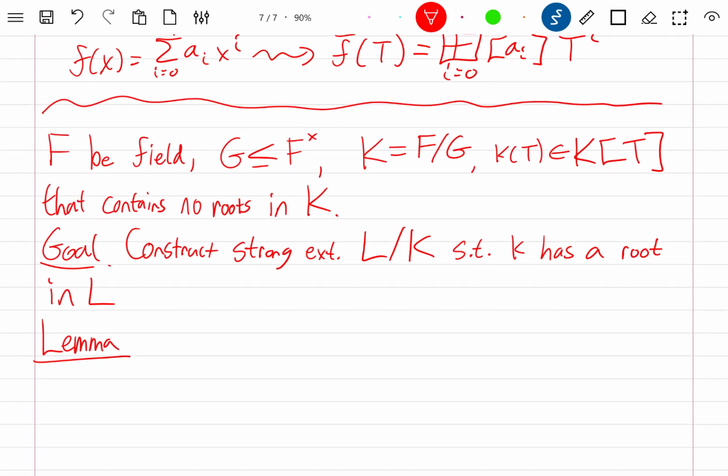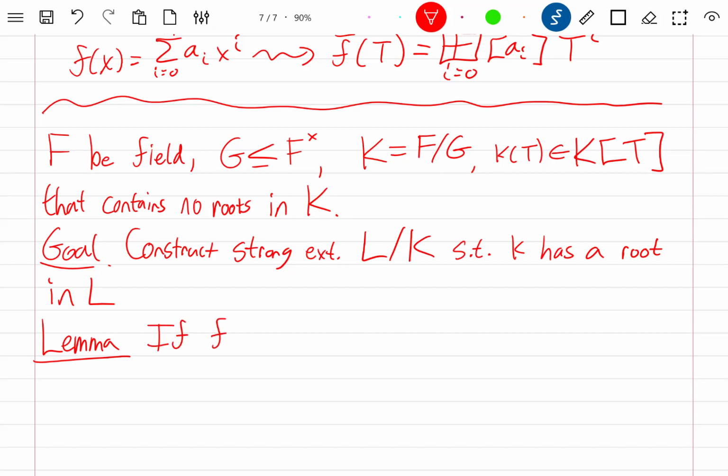So this lemma can be thought of in reverse: we're going to start off with our polynomial over our hyperfield, and we want to lift it to a polynomial over a field. So this is the first step.